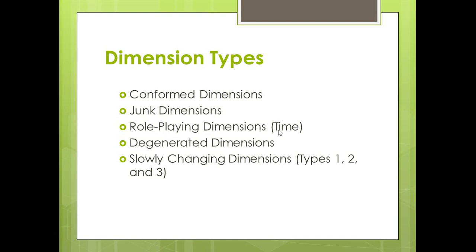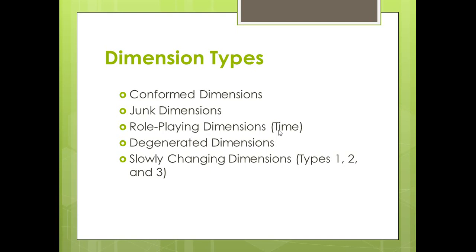Since they have a lot of similar properties, you can merge them into one dimension and just refer to the different rows by a foreign key reference. Since it serves the purpose of more than one dimension, it's a role-playing dimension.